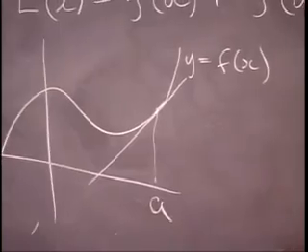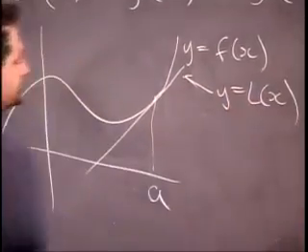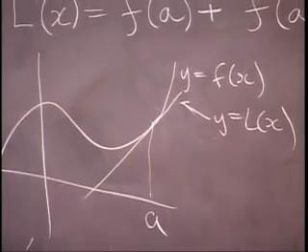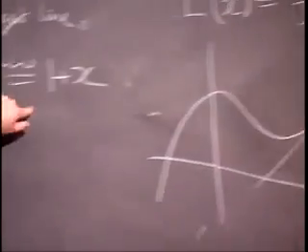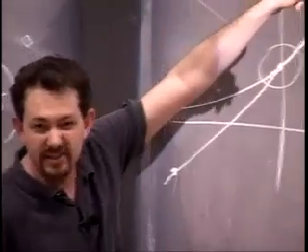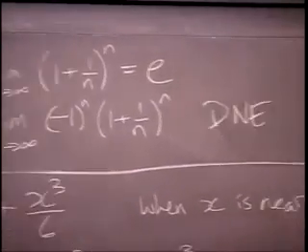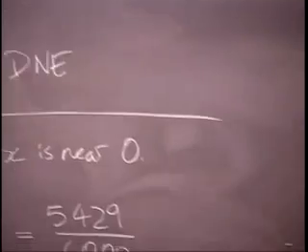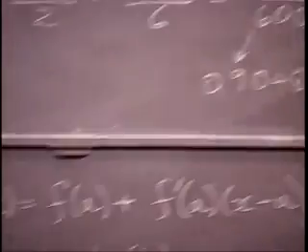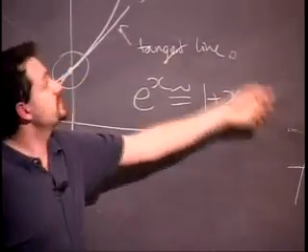L of x is this line, y equals L of x, or linearization. Okay, so you may notice that 1 plus x is very similar to what we had up there, 1 plus x squared over 2 plus x cubed over 6. In fact, it's the same constant term and the same linear term. We just don't have any quadratic terms or cubic, which we do up there.